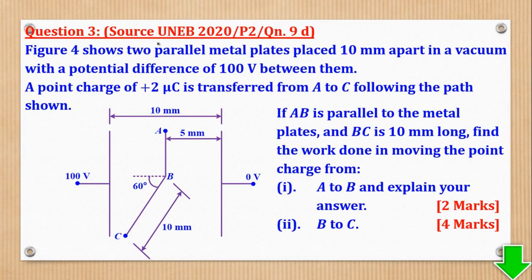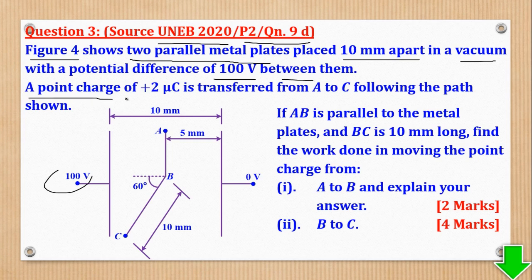Then question 3 came from UNEB 2020 paper 2 question 9D and says figure 4 shows 2 parallel metal plates placed 10 meters apart in a vacuum with a potential difference of 100 volts between them. A point charge of positive 2 microcoulomb is transferred from A to C following the path shown.